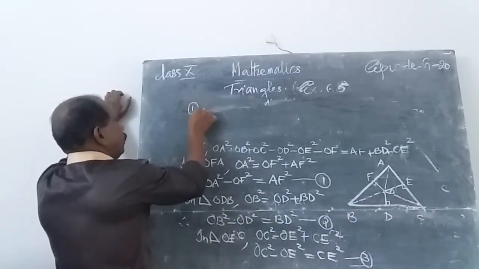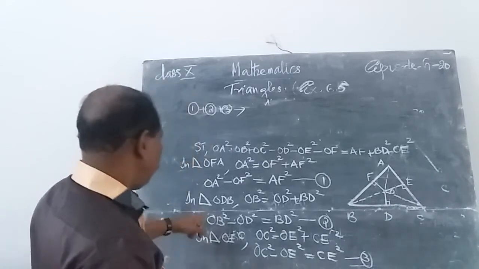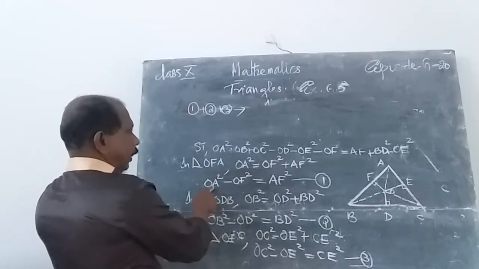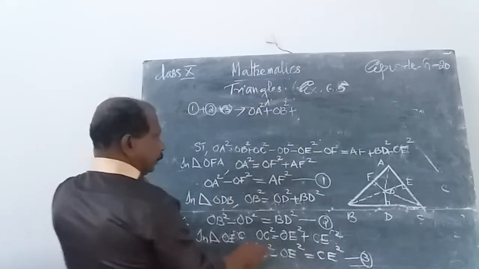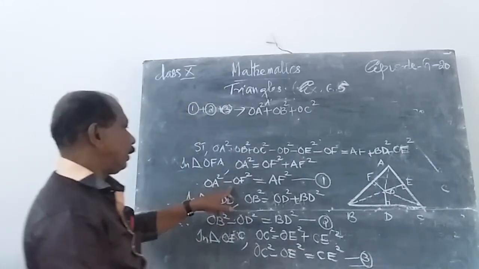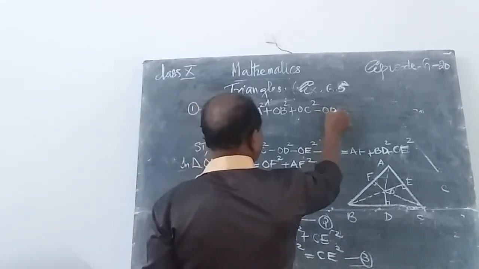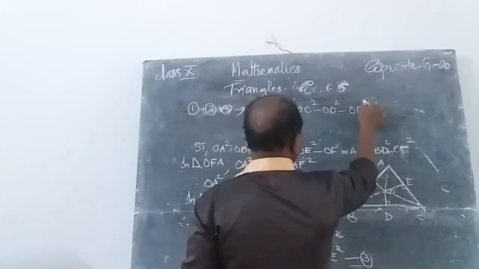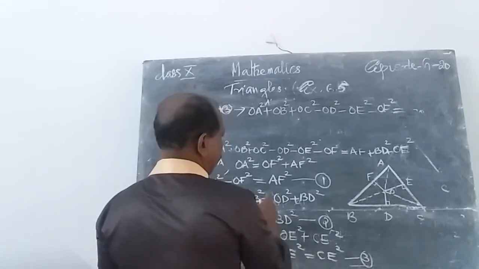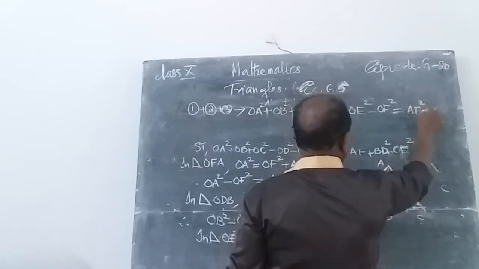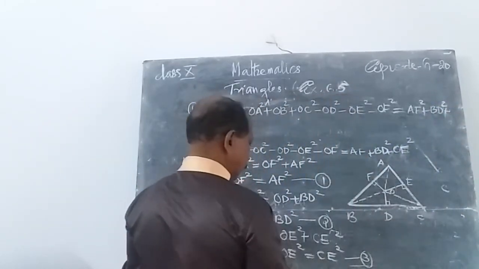That is 1 plus 2 plus 3 gives OA square plus OB square plus OC square, all others are negatives, minus OD square, minus OE square, minus OF square is equal to AF square plus BD square plus CE square.